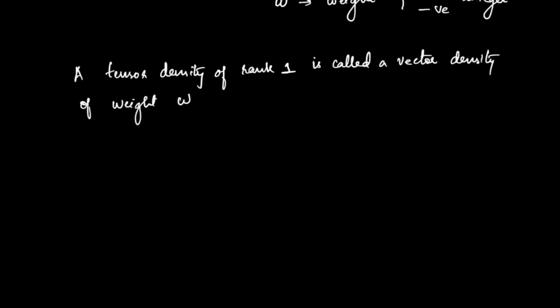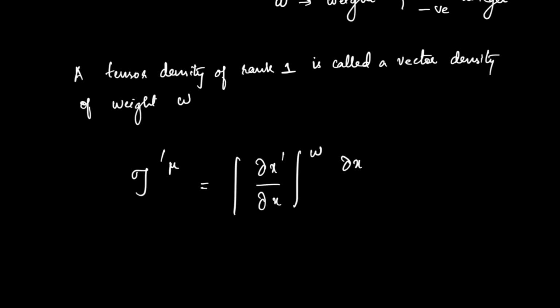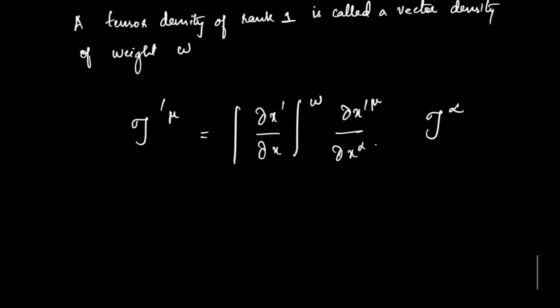For example, t prime mu, which is a tensor density of rank 1, is also a vector density of weight w. This can be written as the Jacobian raised to a weight w, times, suppose this is going to alpha, the partial derivative of x prime mu with respect to x alpha. A tensor density of rank 1 is called a vector density of weight w.